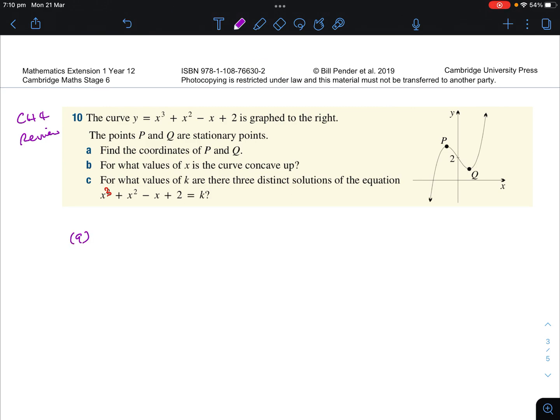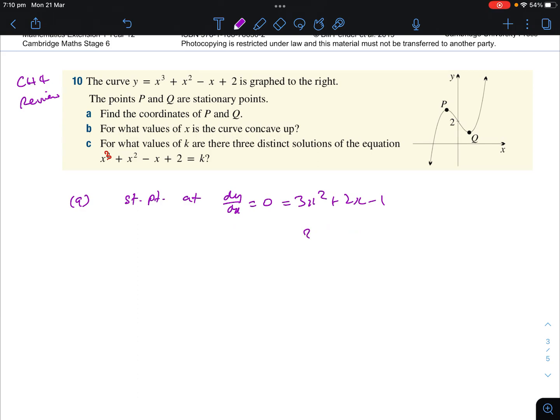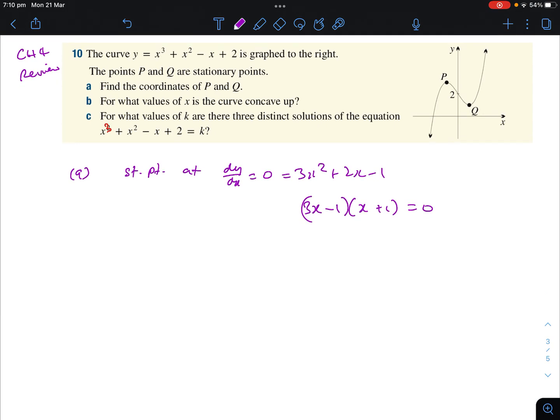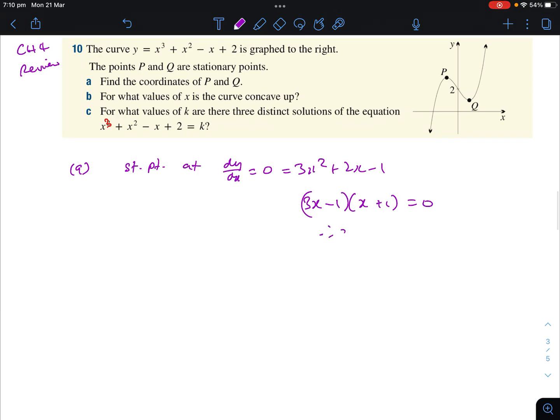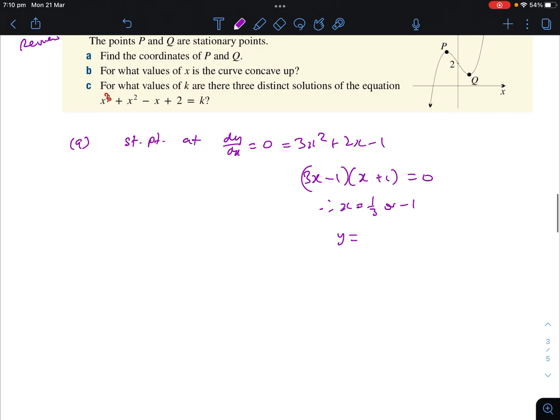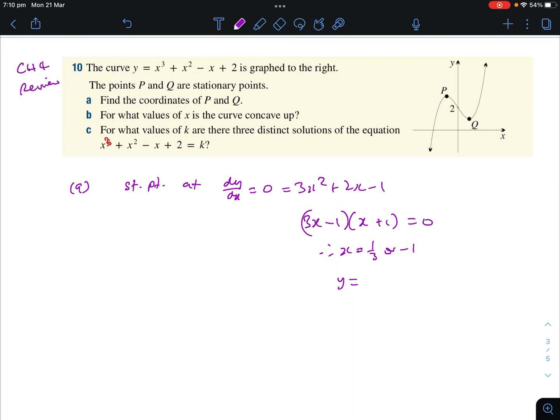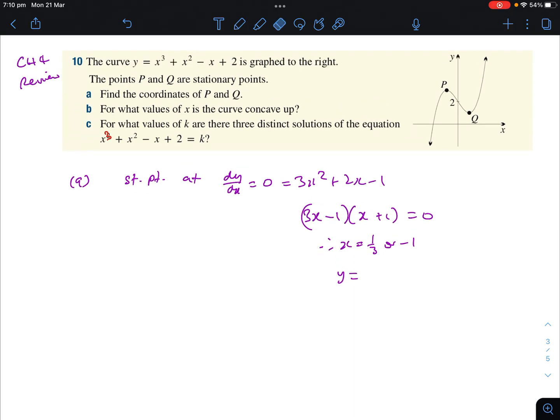Okay, well, we're looking for stationary points, at dy/dx equals 0. dy/dx equals 3x squared plus 2x minus 1, which you can factorize as (3x minus 1)(x plus 1) equals 0. Therefore x equals a third or negative 1. We're going to have to sub it in.